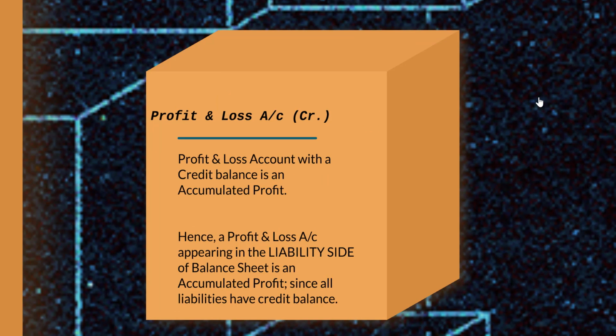A profit and loss account with a credit balance will appear in the liability side of the balance sheet. Why? Because all liabilities have credit balance. So when there is a P&L balance appearing in the liability side of the balance sheet, we can infer that that is an accumulated profit.